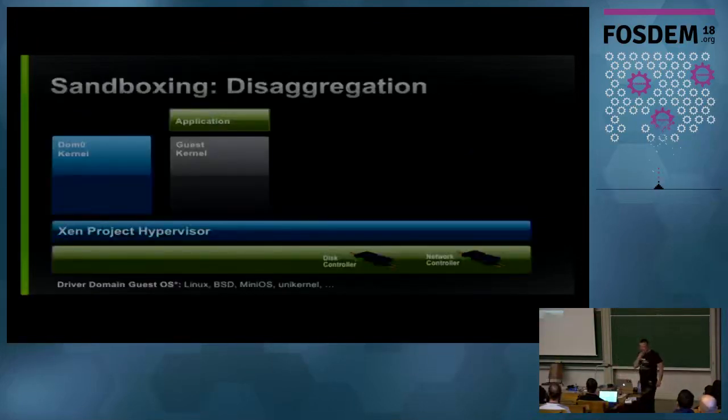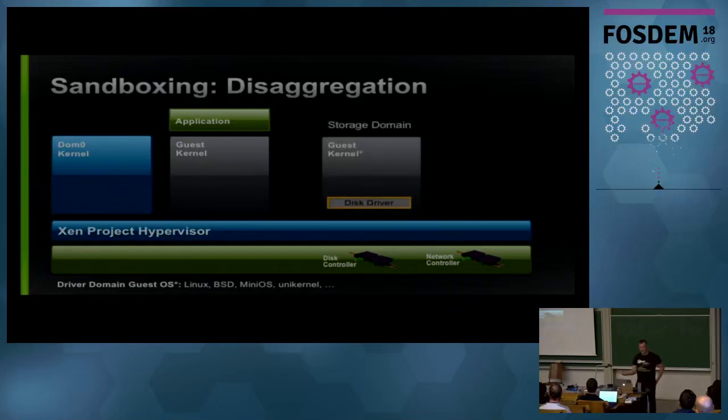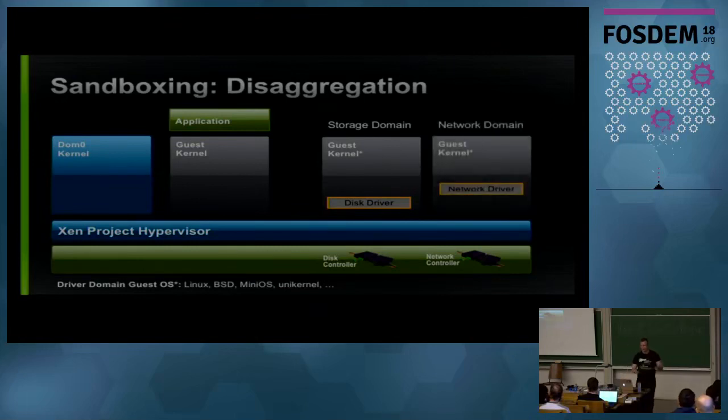Let's look at one of the other techniques. There's this whole sandboxing and disaggregation thing, where you can run drivers in different VMs. So how does this work? You have Dom0 on the right, a regular application running in a VM, and then we have a storage domain, which would have a disk driver in it, or a network domain, which has a network driver in it.